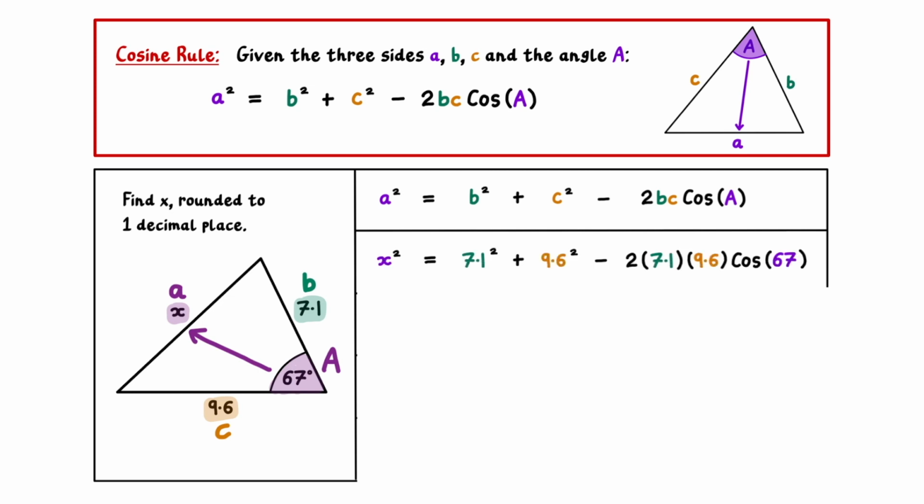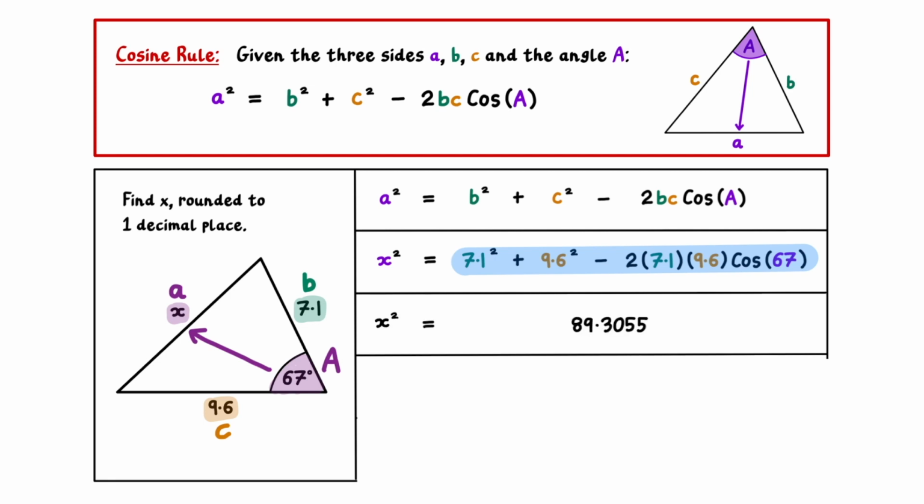Subbing these values into the cosine rule gives us the equation x squared equals 7.1 squared plus 9.6 squared minus 2 times 7.1 times 9.6 times the cosine of 67. Even though the right-hand side looks a bit messy, it doesn't involve any unknowns, so we can type the whole thing directly into our calculator.